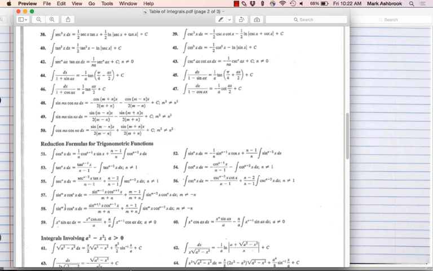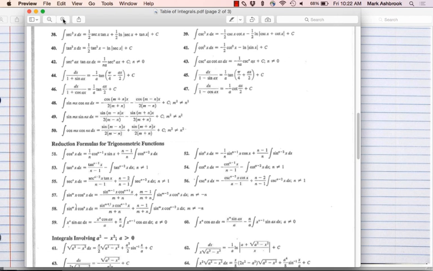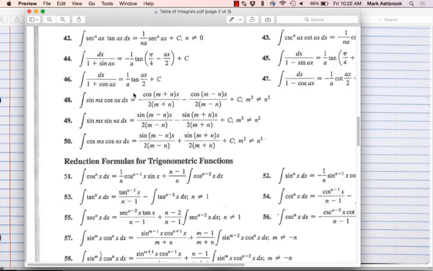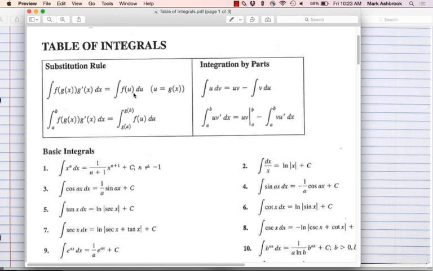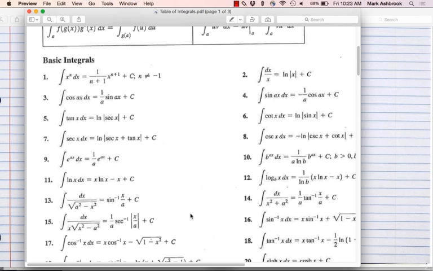Oh, that's not what I want. There we go. So in every calc textbook, there's a table of integrals. This may be from a different book, so the numbers may be different than the one in your book, but they're all basically like this. And so you have all these common forms. There's basic integrals, which you should have memorized, first of all.